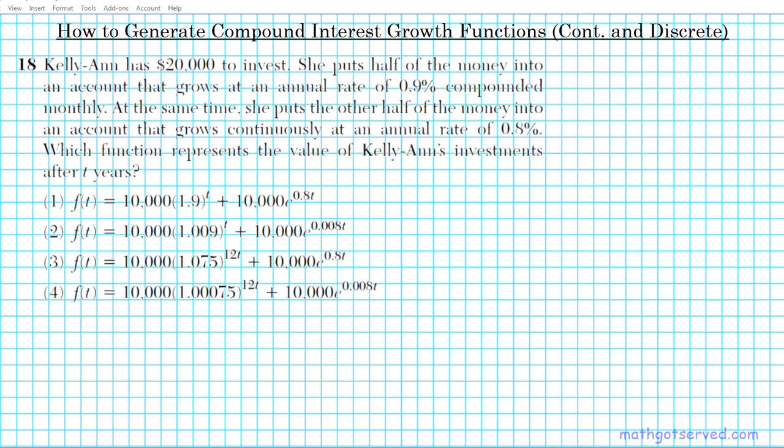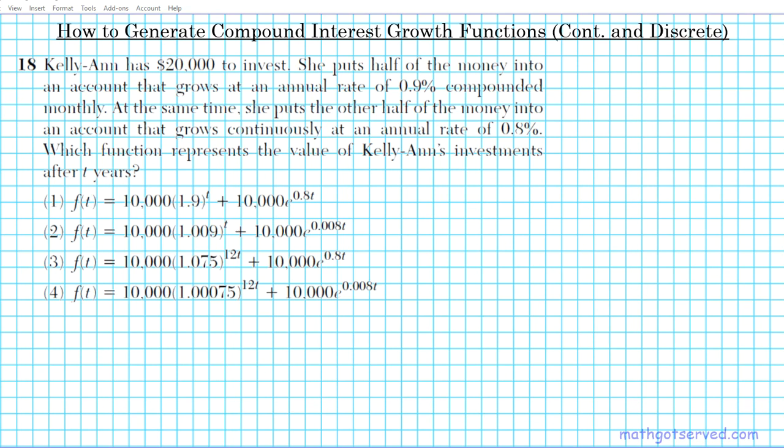She puts half of the money into an account that grows at an annual rate of 0.9% compounded monthly. At the same time, she puts the other half of the money into an account that grows continuously at an annual rate of 0.8%. Which function represents the value of Kelly Ann's investment after t years? And we have four options here.